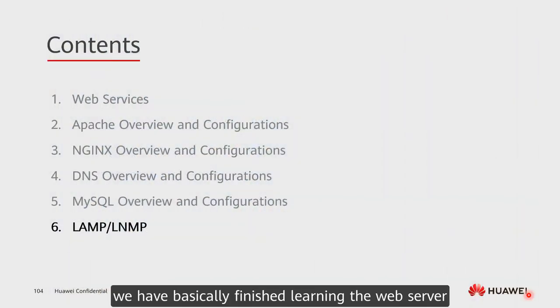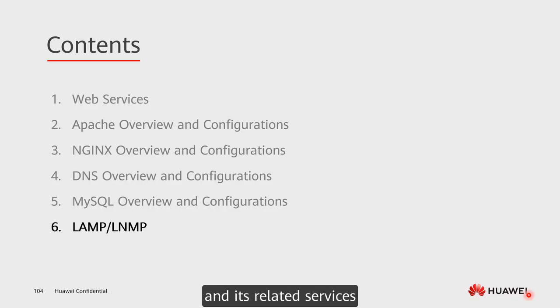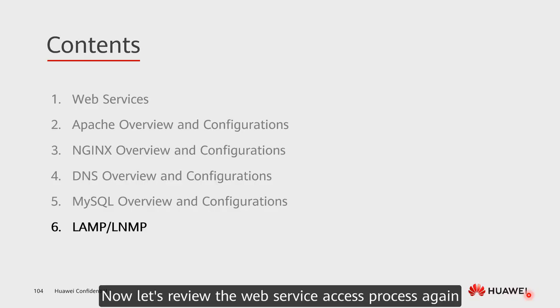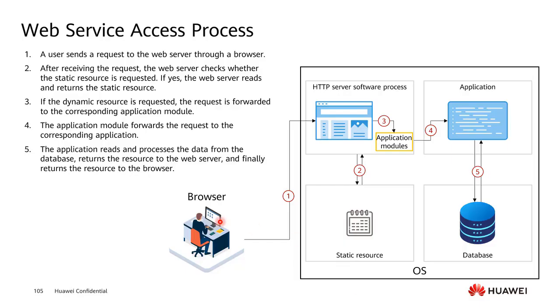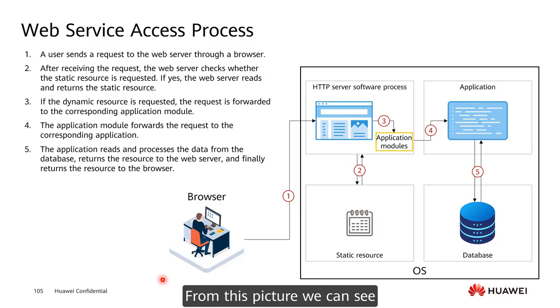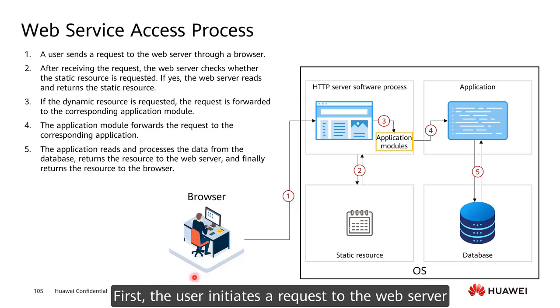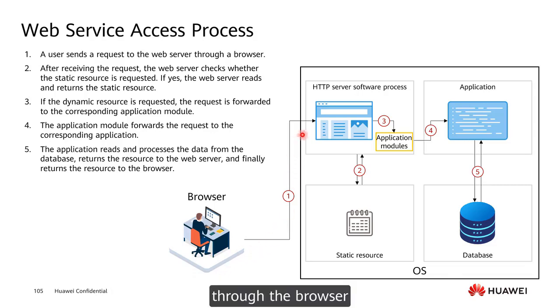At present, we have basically finished learning the web server and its related services. Now let's review the web service access process again. From this picture we can see, first, the user initiates a request to the web server through the browser.